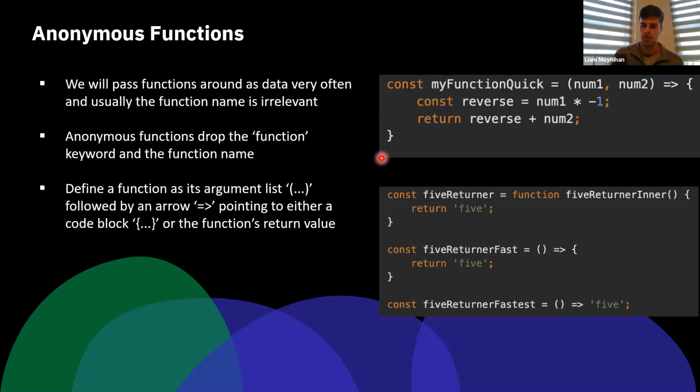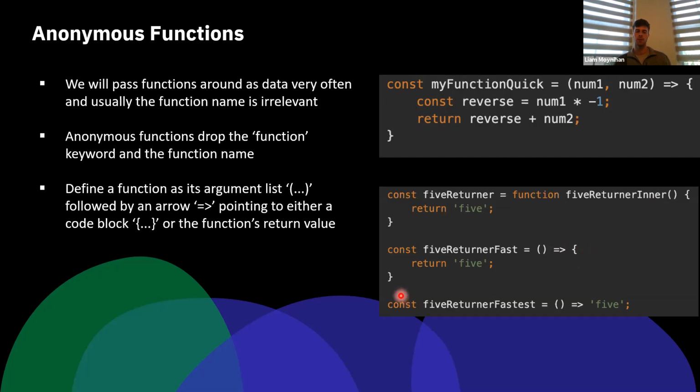Basically, we get rid of the function keyword and we get rid of the name that we're defining. Instead, we just have parentheses and then an arrow, equals and then the greater than symbol, pointing to a block of code.